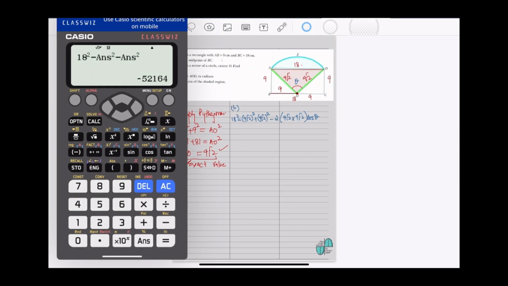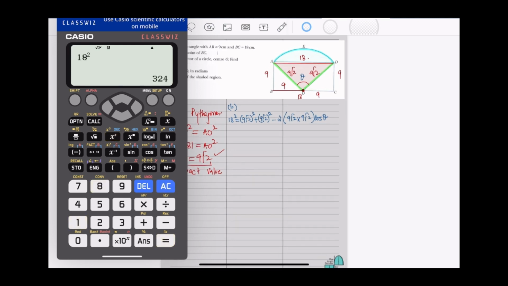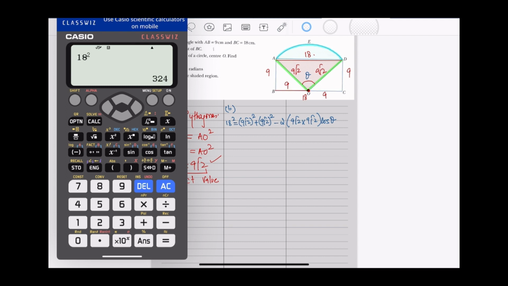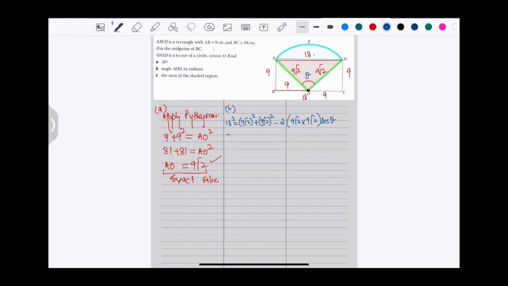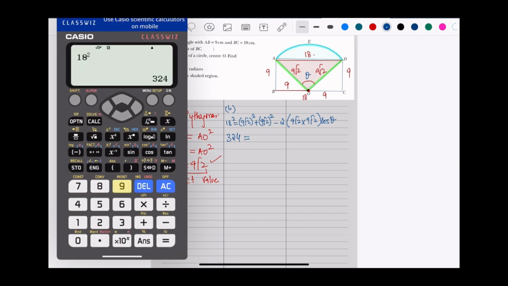So I'll straight away use the calculator. 18 squared is going to be 324, is equal to 9 root 2 squared, which is 162, plus 162 here, minus 2 times the same values multiplied, cos theta.